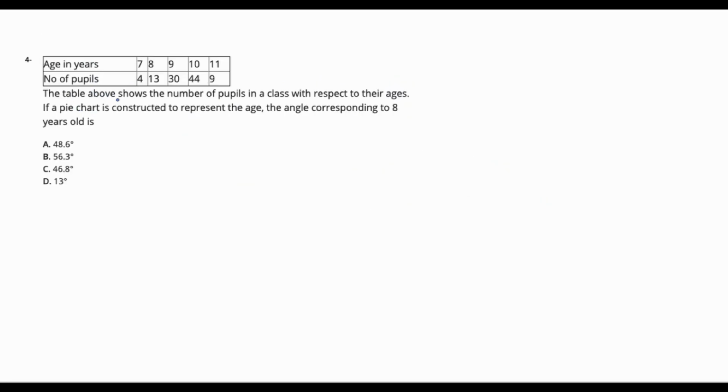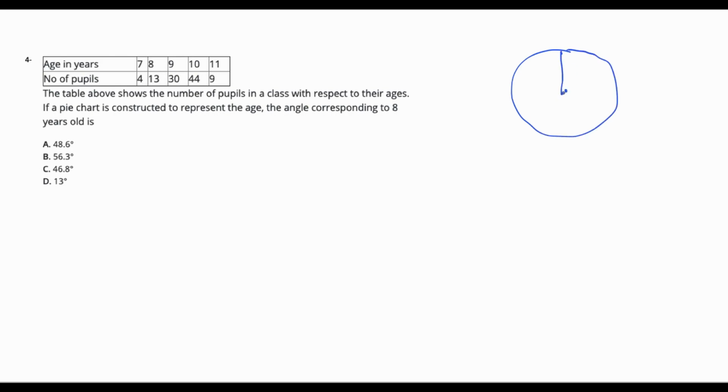Question 4 says, the table above shows the number of pupils in the class with respect to their ages. If a pie chart is constructed to represent the age, the angle corresponding to 8 years old is. So imagine that we have a pie chart, which is obviously a circle.